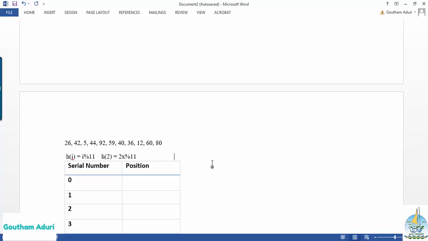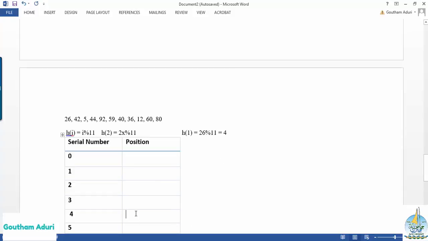h of 1 is 26 mod 11. So it's 11 2 is 22, and then the remaining value is 4. So it's going to the 4th position. And then next, h of 2 is 42 mod 11.